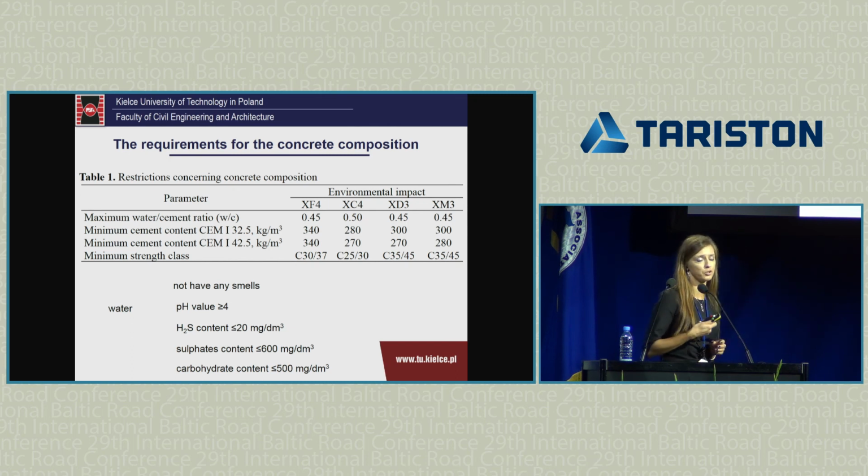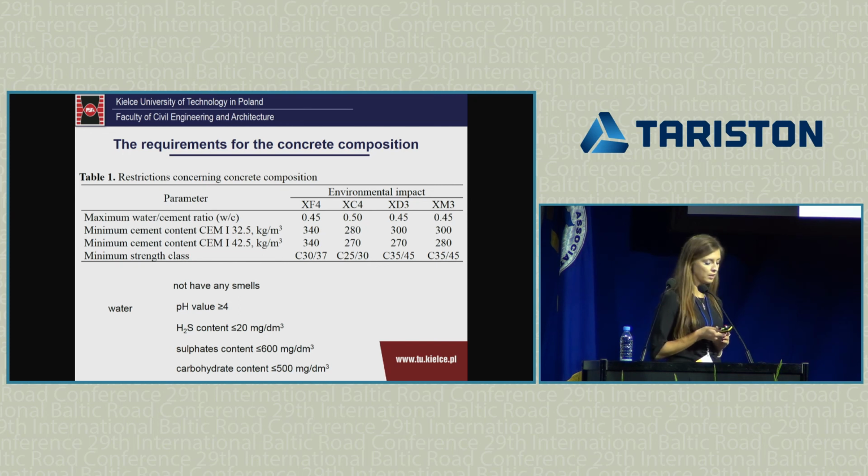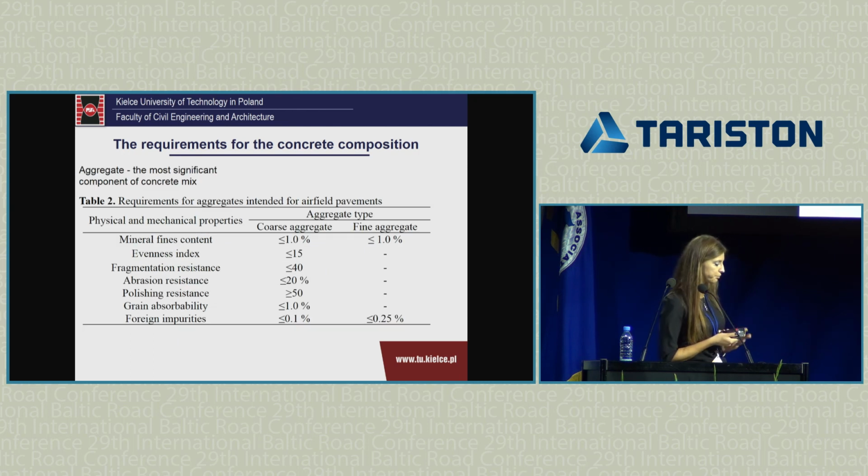For airport pavements, the maximum value was 0.4. The water should not have any impurities, and other parameters we can see.